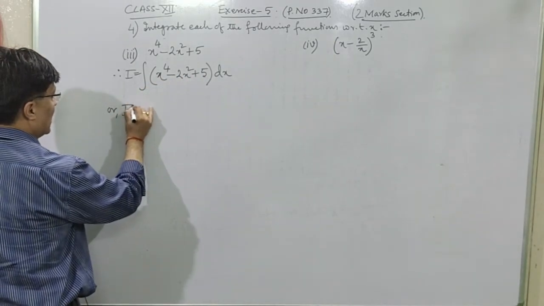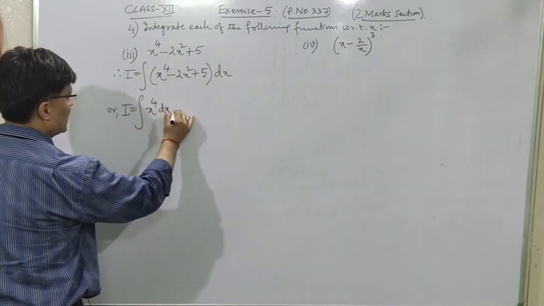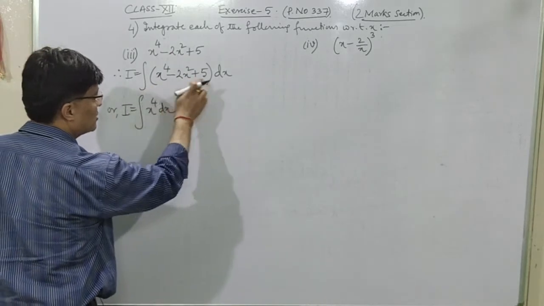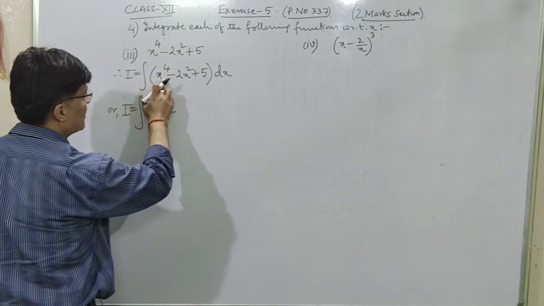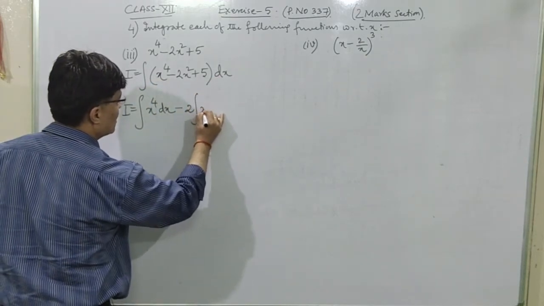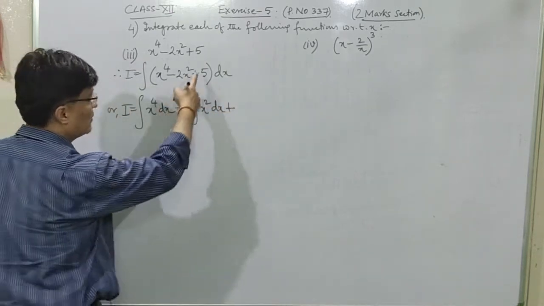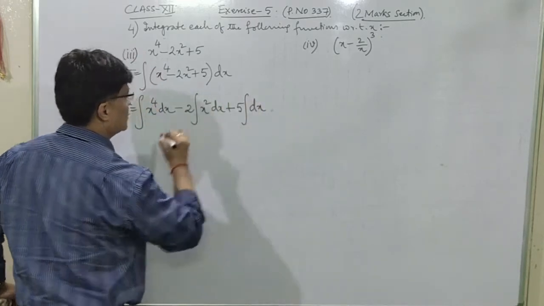So or I is equal to integration of x to the power 4 dx. Now the first term is separated. That is, this integration and dx should be separated for each term. That is integration of x to the power 4 dx minus 2 integration of x square dx plus next 5, then comes integration of dx.